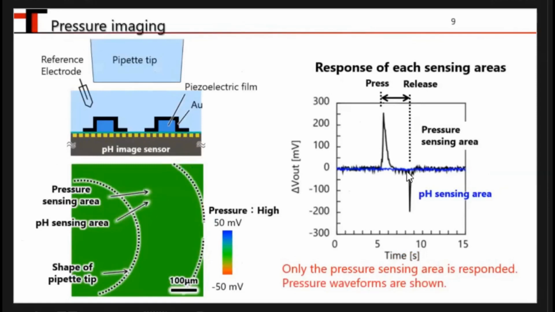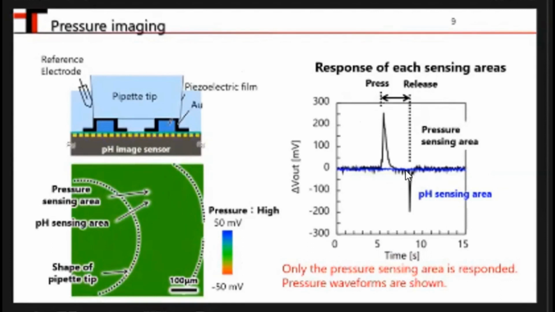Next, we conducted a pressure imaging experiment. The pressure is applied with a pipette tip. This is the result of imaging. When the pressure is applied, the output of the pressure sensing area changes and the pattern is visible.